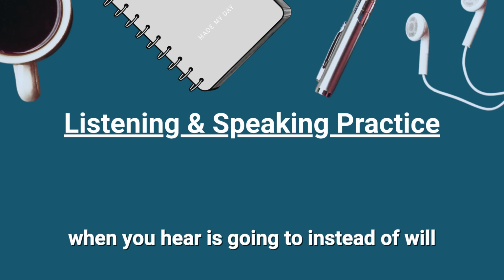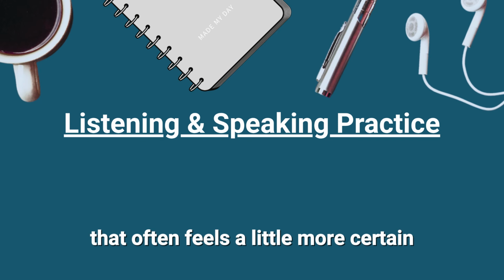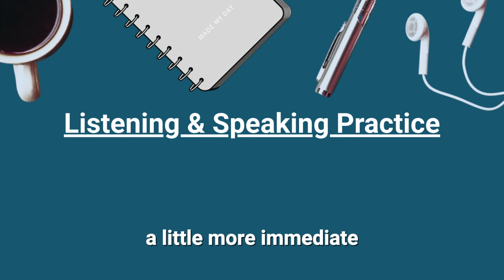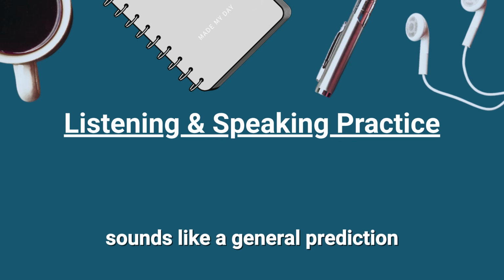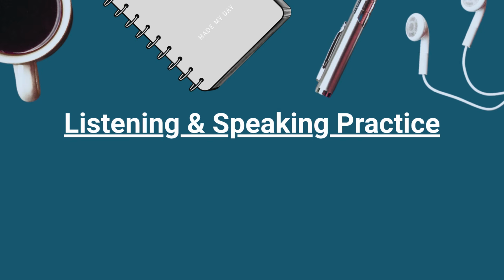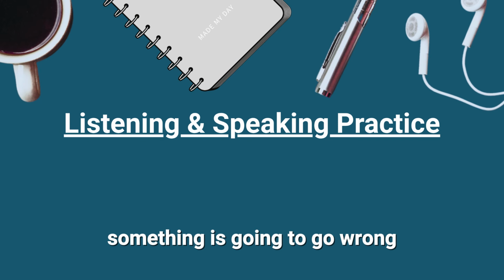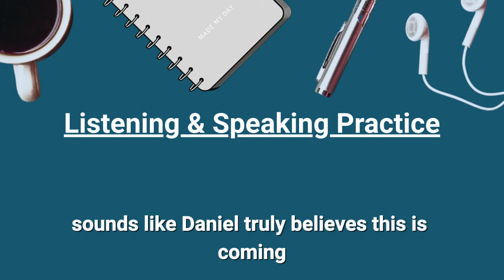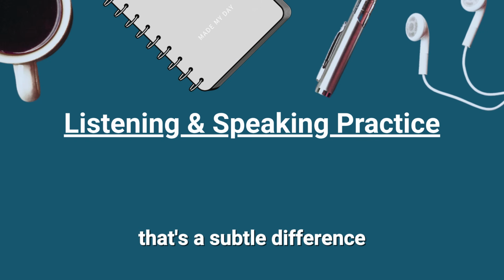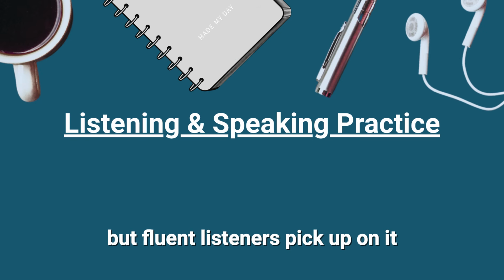When you hear "is going to" instead of "will," that often feels a little more certain, a little more immediate. "Something will go wrong" sounds like a general prediction. "Something is going to go wrong" sounds like Daniel truly believes this is coming. That's a subtle difference, but fluent listeners pick up on it.